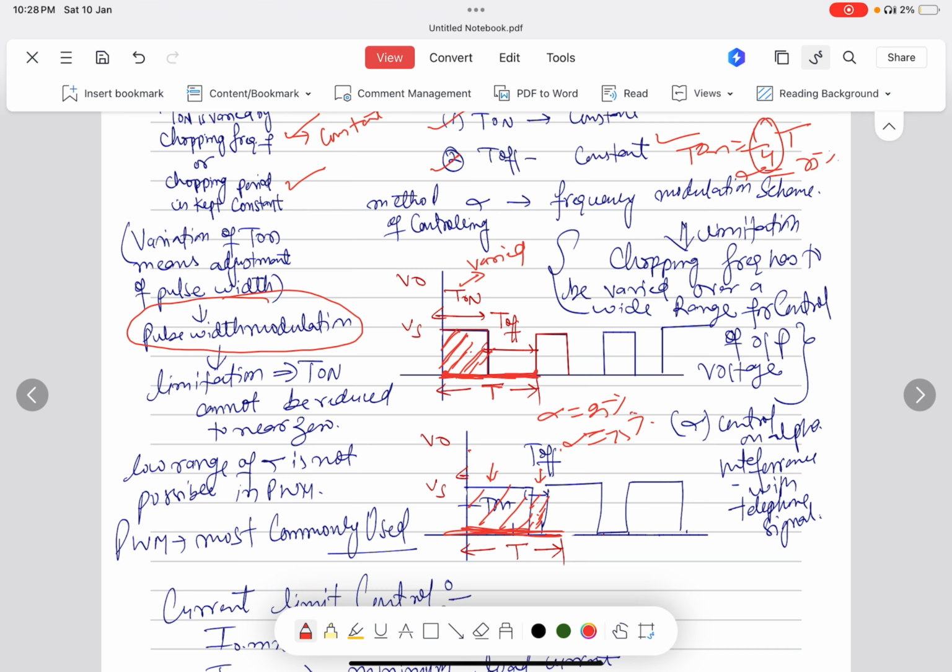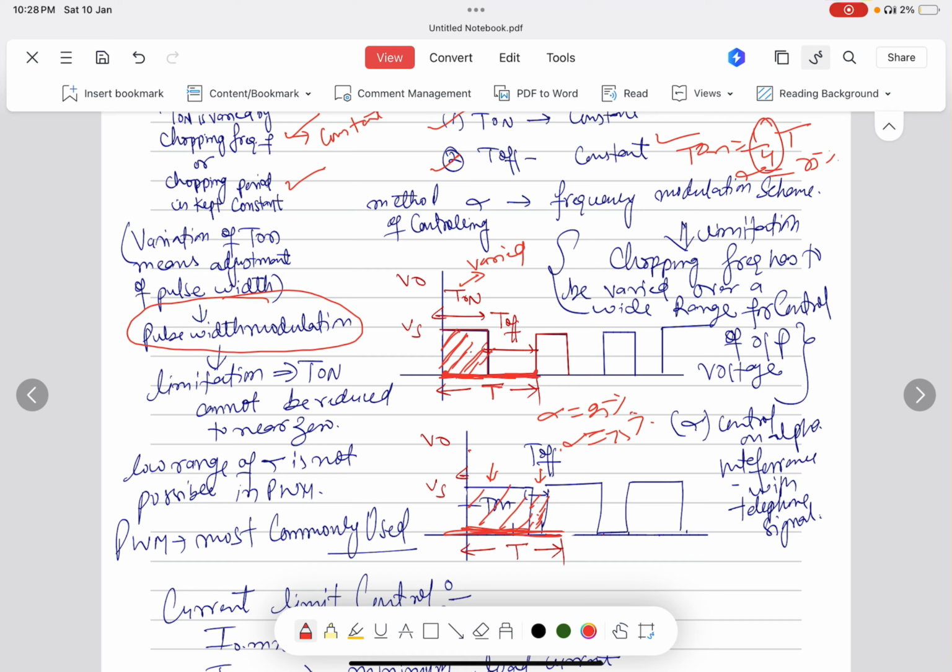So we conclude that the pulse width modulation scheme is better than the variable frequency scheme. But the pulse width modulation technique also has a limitation. In this technique, T on cannot be reduced to zero, as I have already discussed.